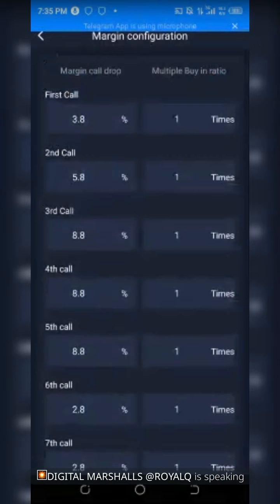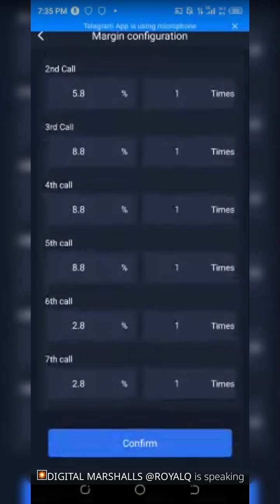The first call is one time, that's $20. The second call, one time, another $20. The third call, one time, another $20. So this is $20 times 7, which is $140. Then plus your first buy-in amount, which is also $20, you add it, and in total, in case all these margin calls are picked, it will take $160 from your total capital.